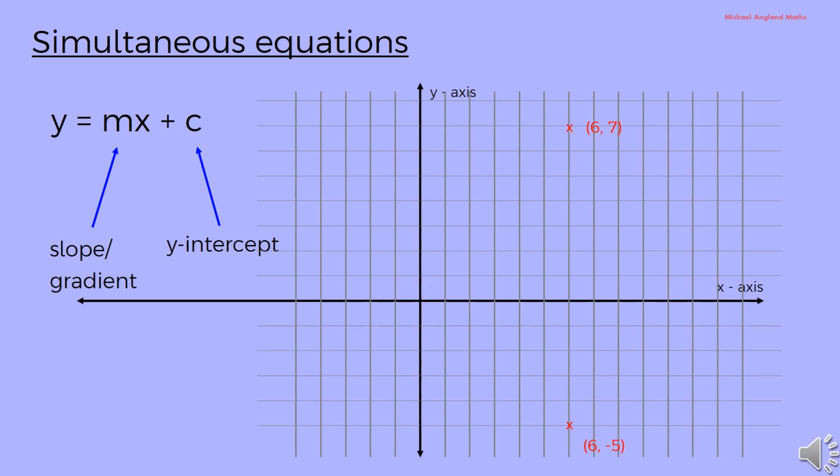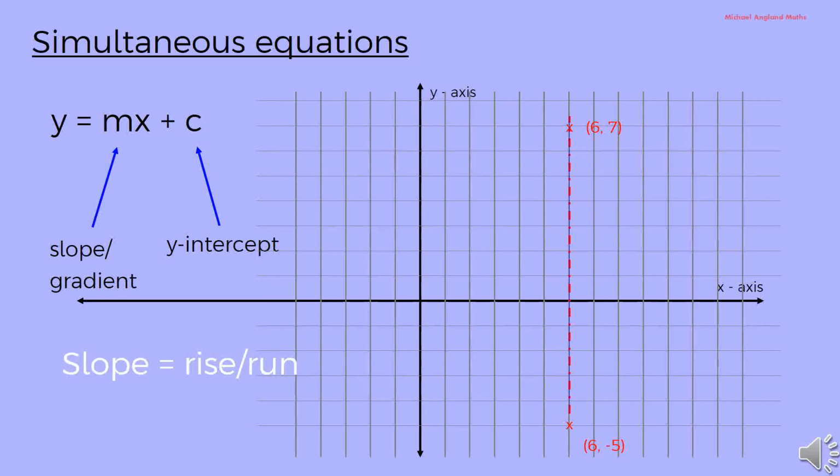Now we plot those on our grid, and we notice that they are exactly above and below each other. So let's drop our vertical red line. Notice at this time that we have no horizontal component. So these 2 coordinates have the same horizontal component. Now, the equation of a line is y is equal to mx plus c, where m is the gradient.